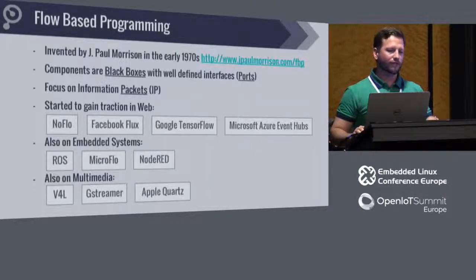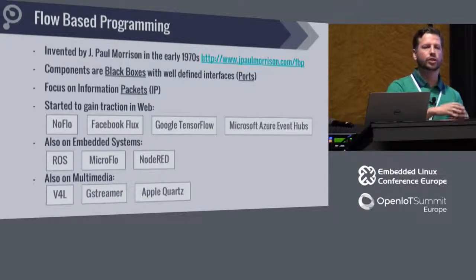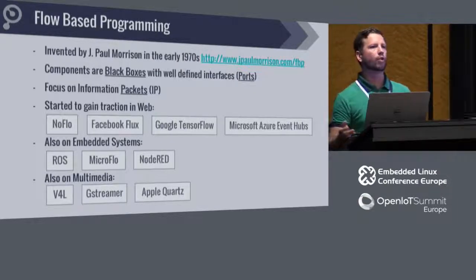So flow-based programming was created by J. Paul Morrison in the 70s, so it's very old. He says some banks in Canada and things like that use this system, so it's reliable. The idea is that you base your code or your architecture on black boxes, that you don't care what is inside, you just care what you get from it and what it takes.